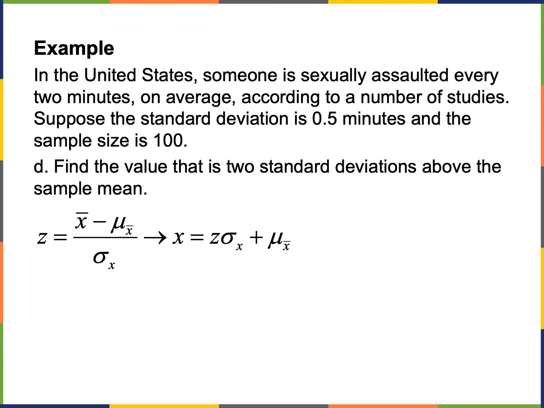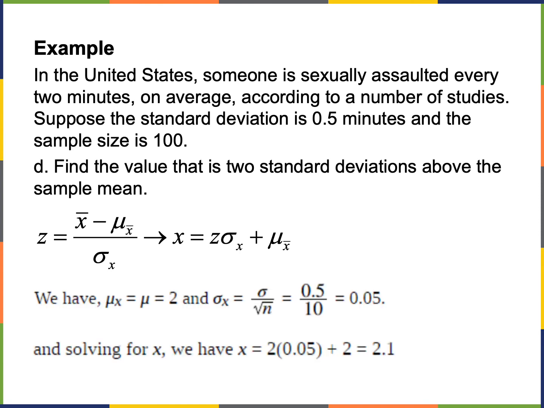When they say find the value that's 2 standard deviations above, that means z is equal to positive 2. The mean is 2, and the standard deviation for the sample mean is 0.05. So x bar equals 2 times 0.05 plus the mean, which is 2. So this is 2.1. That's the value that is 2 standard deviations above the sample mean.